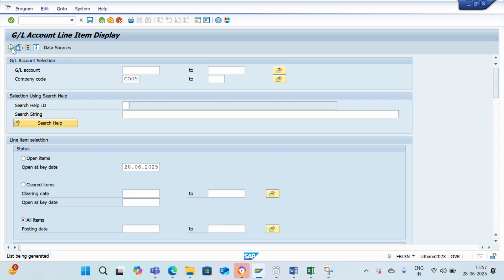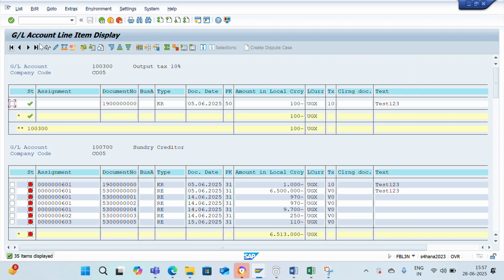Let me execute. You see, the GL account 100300 has one entry posted of -100. Negative means the posting is on the credit side. Similarly, for the sundry creditors 100700, there are these many line items posted.